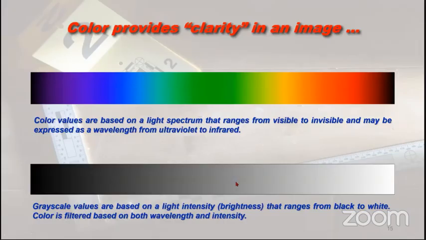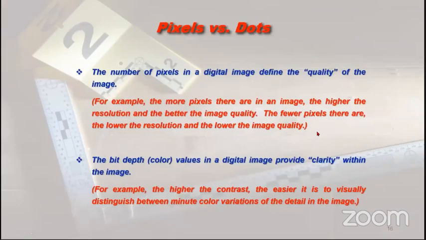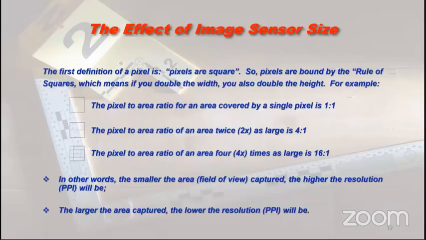So again, the ability to have contrast separation is what's going to give us the ability to visualize the clarity within that image. So we have to make sure that we are talking about the appropriate number of pixels as well as the appropriate bit depth.